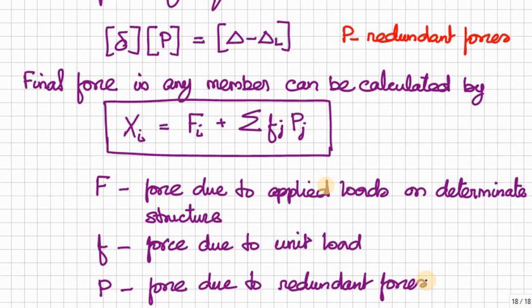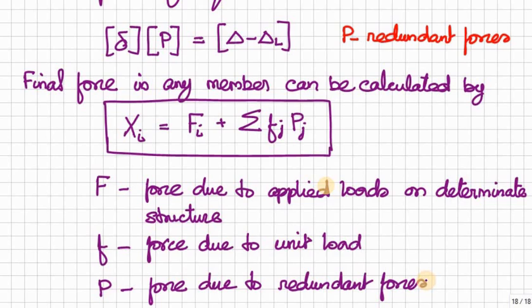Okay, so fj is the unit load contribution at the jth coordinate and Pj is the actual redundant force acting at that j. So if you multiply, you will get the contribution of the force from the redundant force at that particular point.